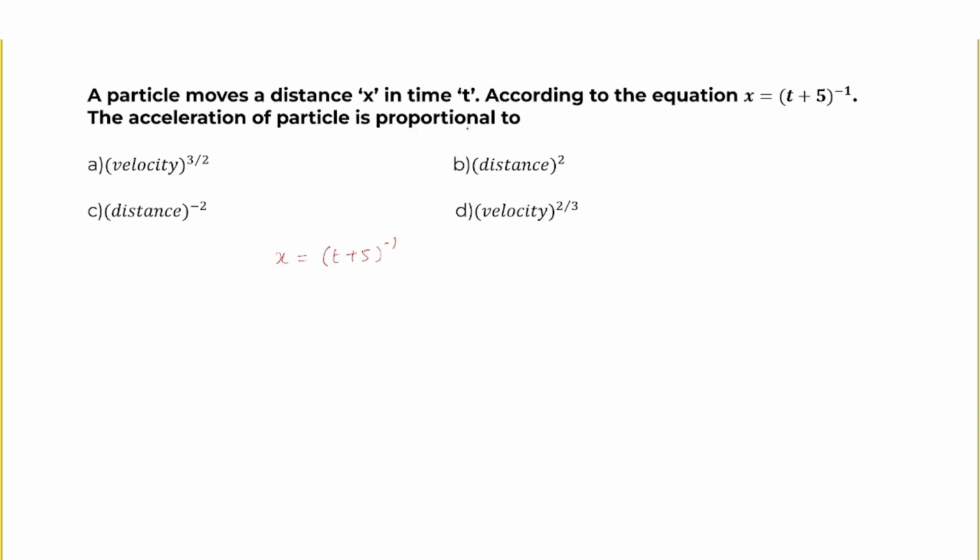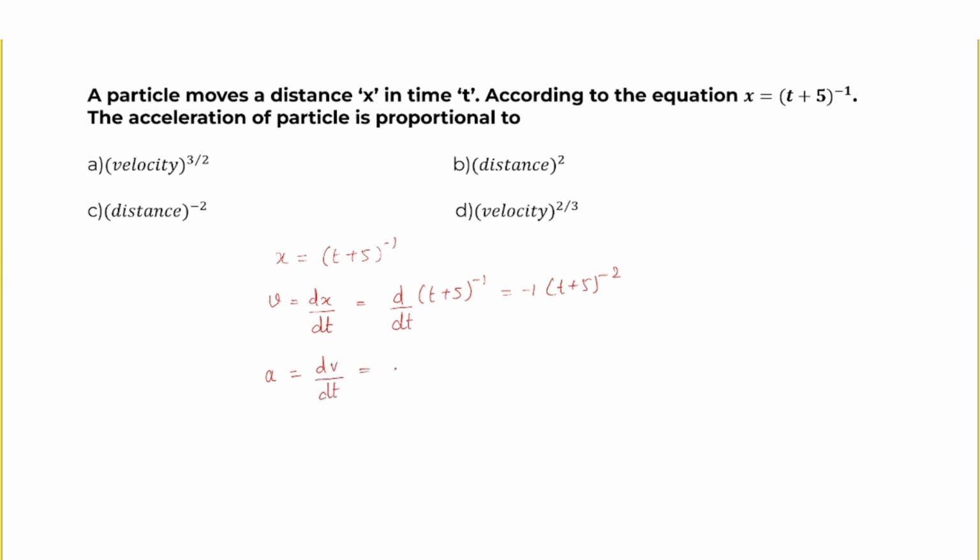So first of all, let's find the velocity. So velocity will be equal to the derivative dx by dt. So when you are differentiating this, it will be d by dt of (t plus 5) whole raised to power minus 1. We will take this minus 1 in front, and this will be (t plus 5) whole raised to power minus 2. And acceleration will be equal to dv by dt.